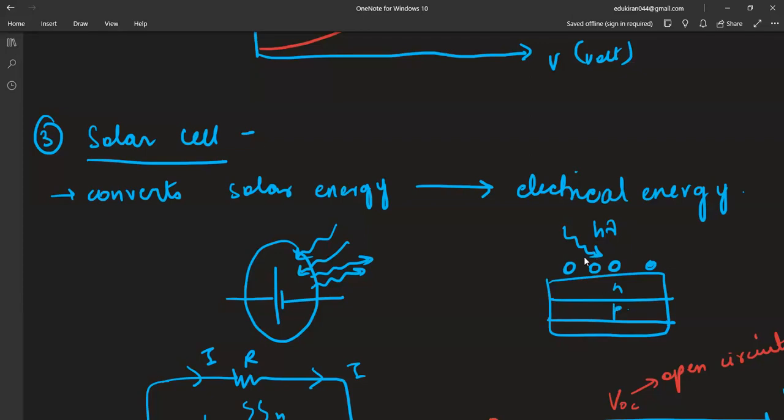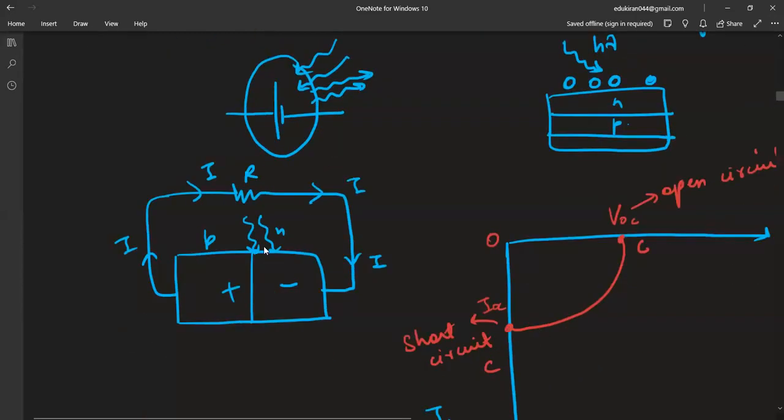All the atoms present on the upper surface are hit by the light rays. So the entire solar energy coming from the sun gets converted into electrical energy and conduction in the circuit. I'll show you. See, like this. This is the PN junction diode. Light rays are entering. The bound electrons become free electrons and they go into the resistor and the entire circuit like this.